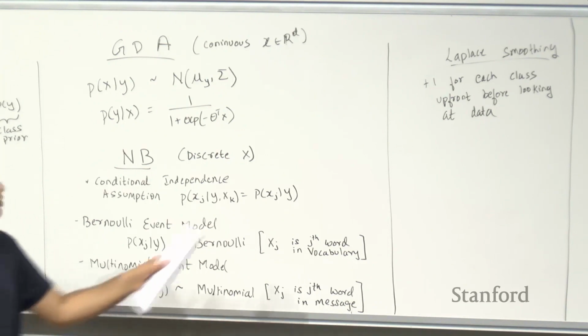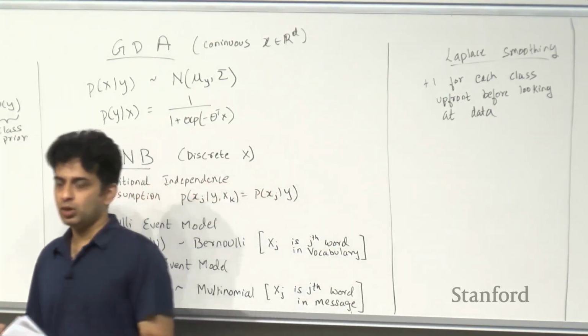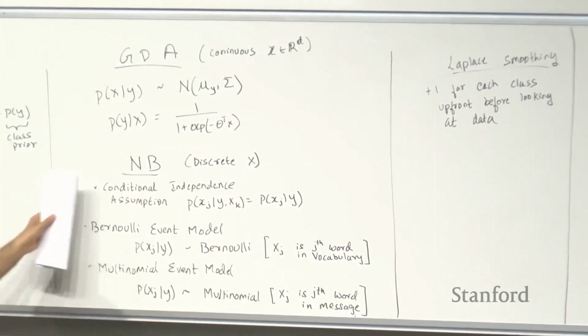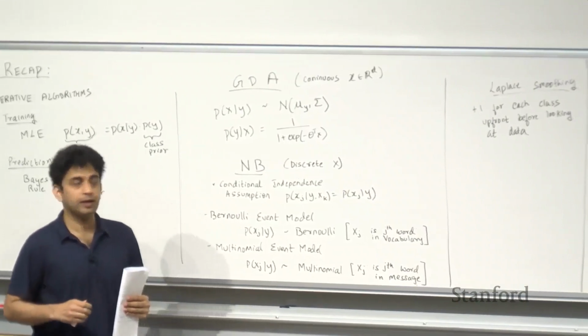Then we also covered Laplace smoothing, where the idea is we don't want to be severely swayed by rare words. So words that probably never occurred in our training data set, we still want to do something meaningful at prediction time.